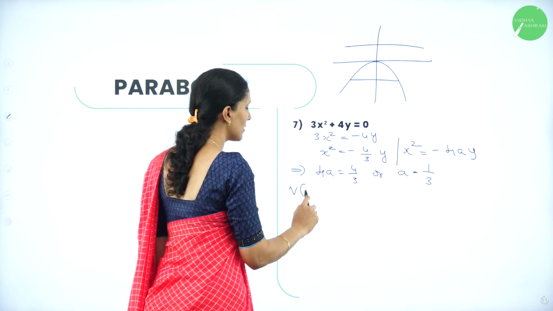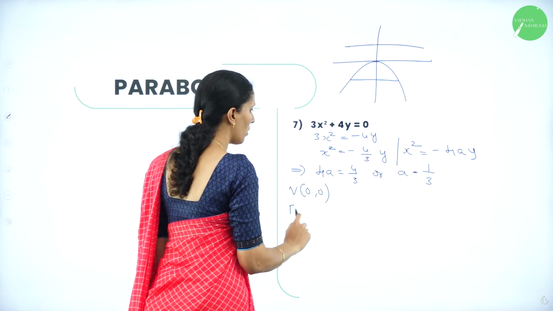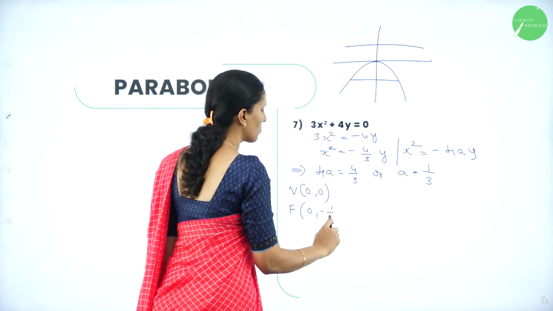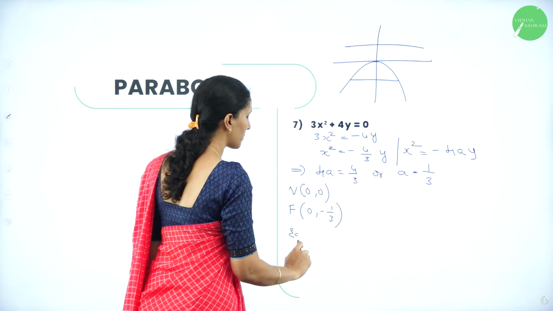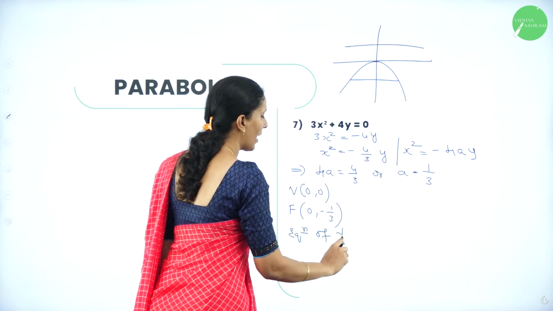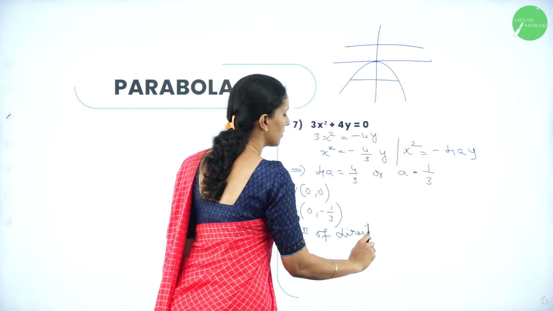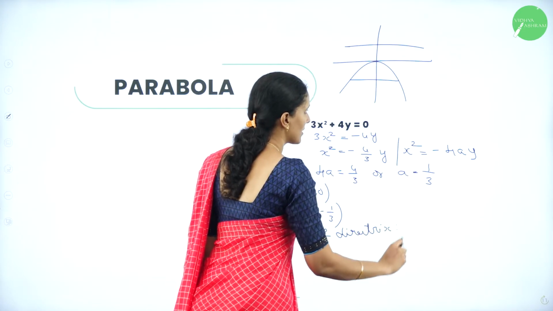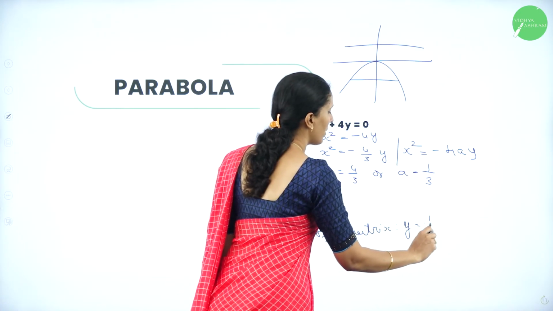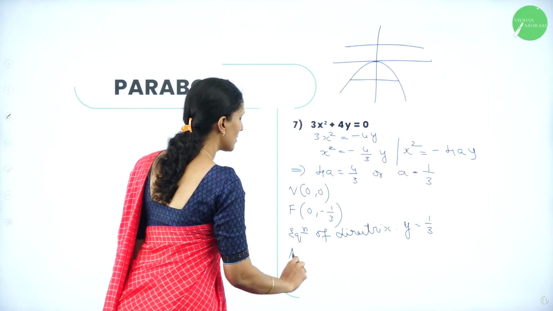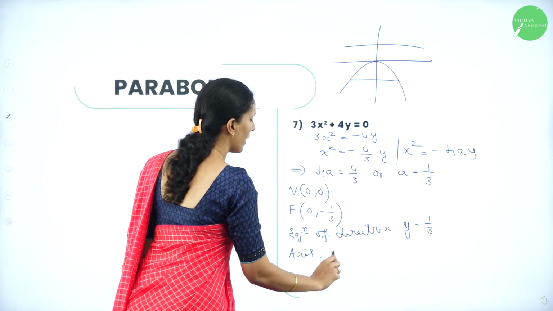So vertex is 0, 0. Focus is 0, minus 1 by 3. Equation of directrix here is y is equal to 1 by 3. Axis of parabola is y-axis.